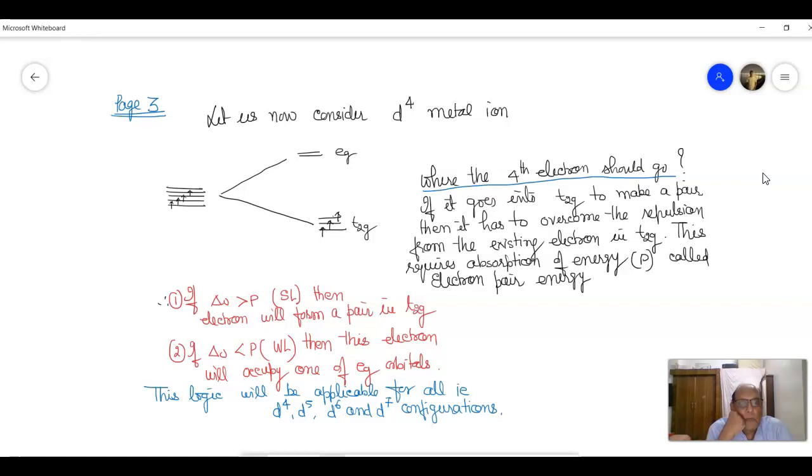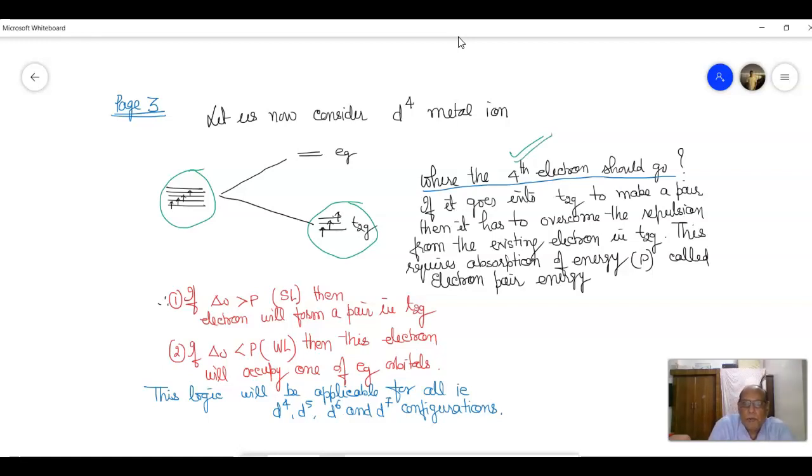When we consider a metal ion having 4 electrons in its d orbitals, the 3 electrons will obviously go into the t2g orbitals, whether ligands are strong or weak. The question is about the fourth electron, where it will go.